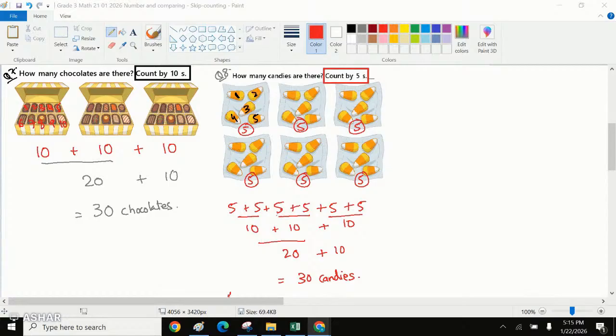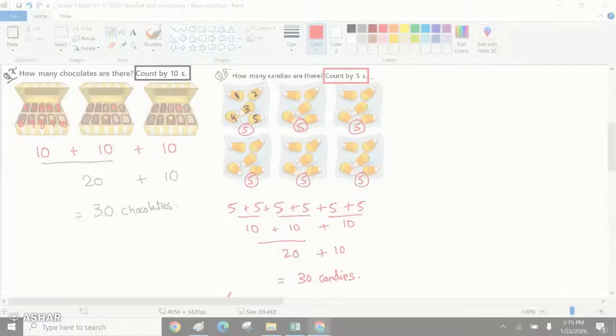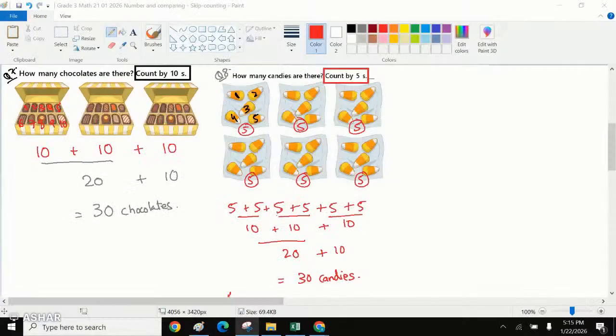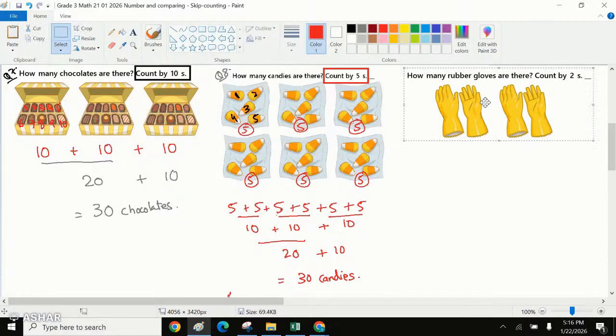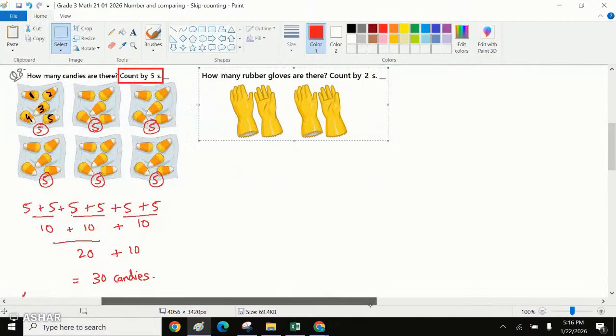Okay, let's look at the next one. How many rubber gloves are there? Count by twos. Let me just change the value. We're not counting these 4, right? 4 is very simple for us. What we'll try to do is change the number of gloves.